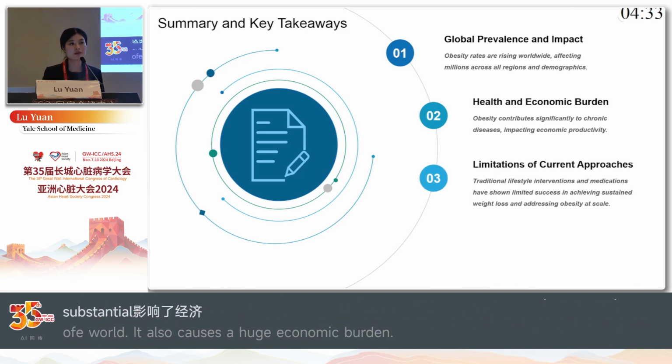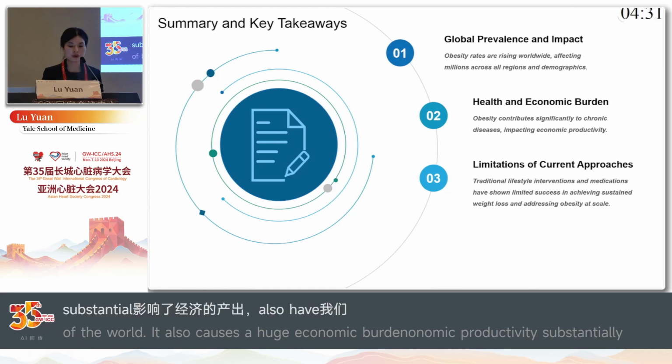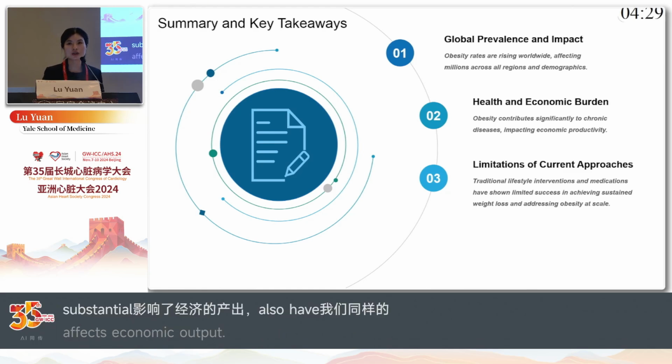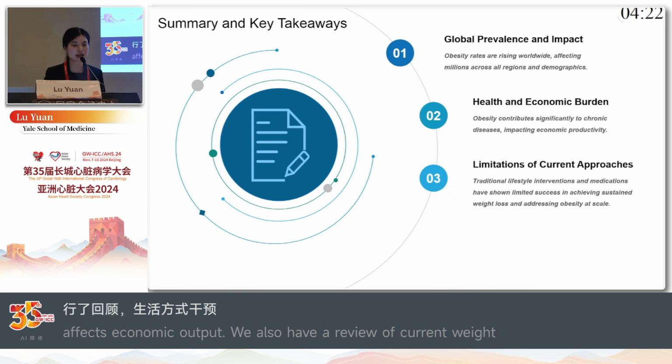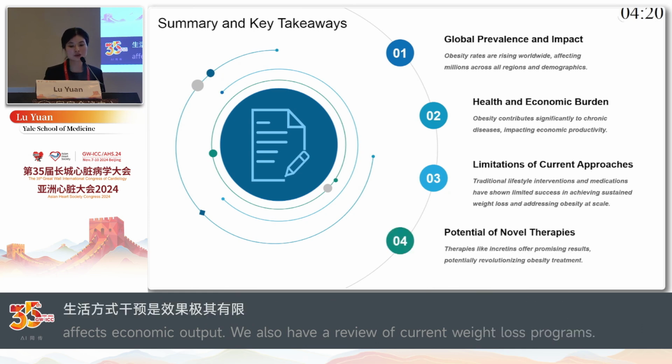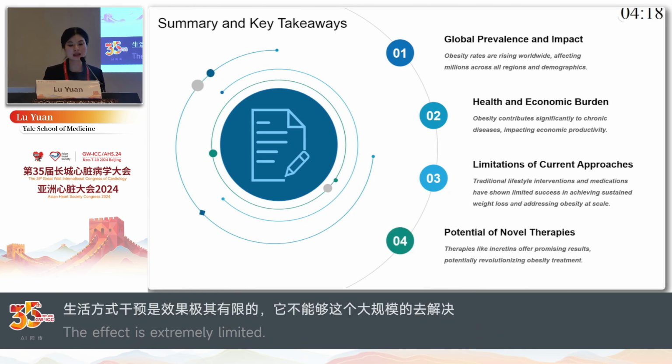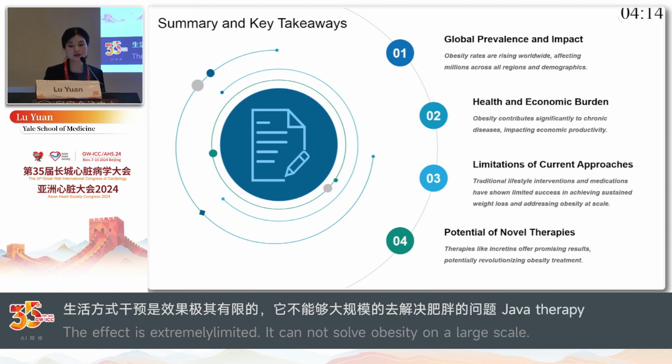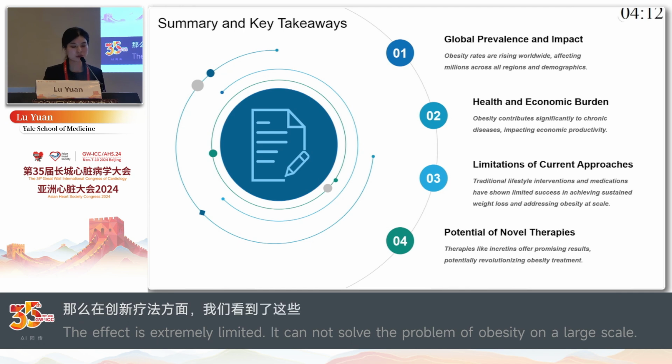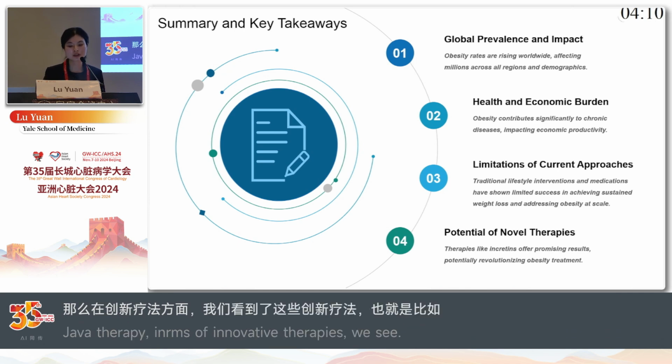And we also had a brief review of the current approach. Traditional lifestyle intervention and medication have shown limited success in achieving sustained weight loss and addressing obesity at scale. That leads to looking at novel therapy, such as incretin therapy, that offers promising results and potentially revolutionizes obesity management.